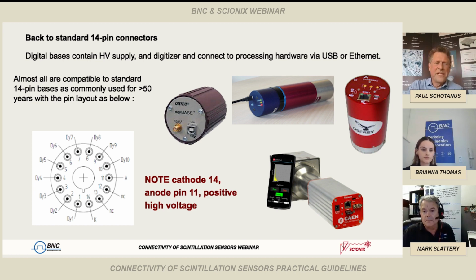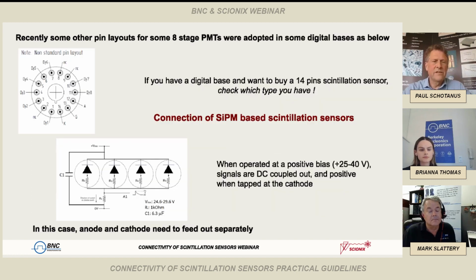Most of these digital bases actually, as I earlier said, are defined for positive high voltage, where the cathode is pin 14 and the anode is pin 11. And this is actually, again, not some kind of a law, but this is the rule that has been followed by most manufacturers for the last 50 years. But recently, there were some other pin layouts for H-stage photomultiplier tubes adopted. And actually, this has been the reason for a lot of confusion.